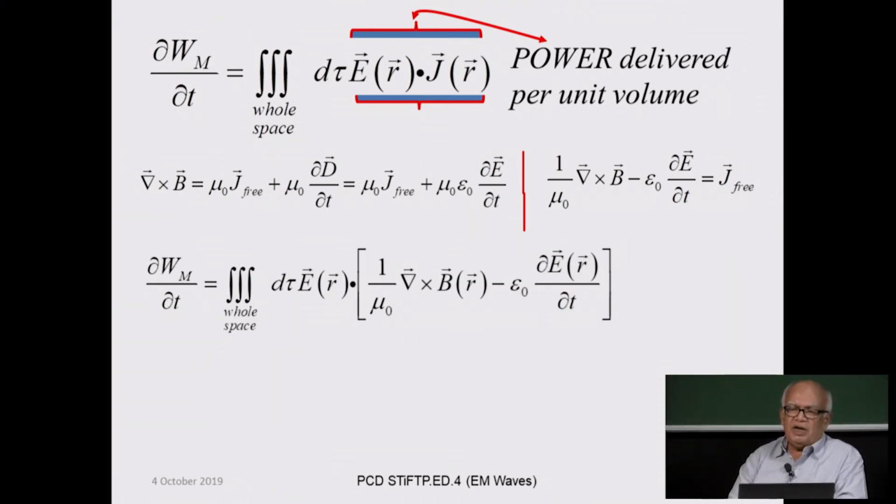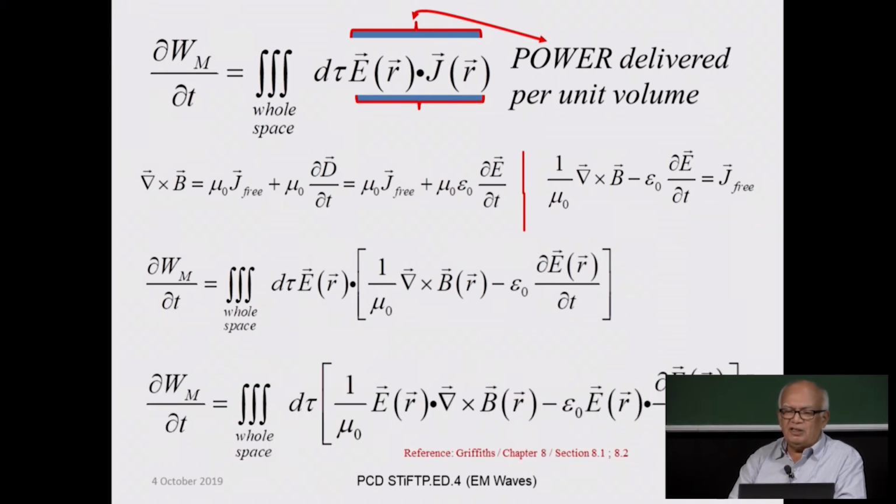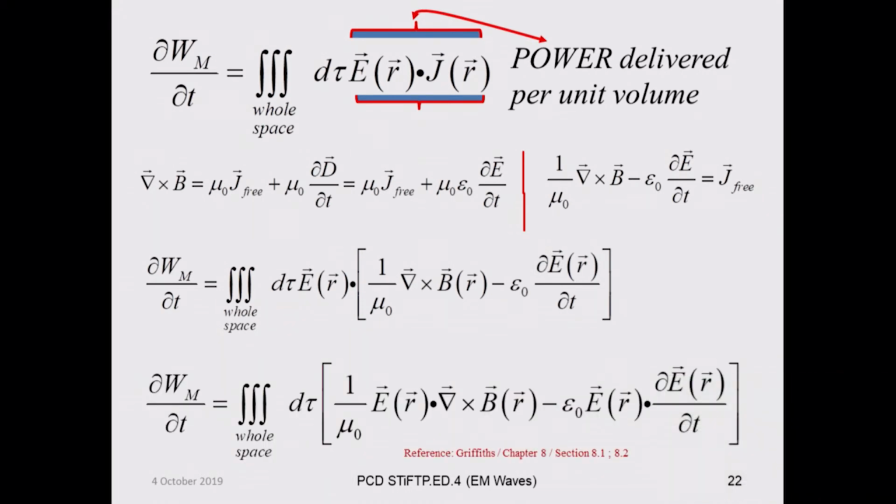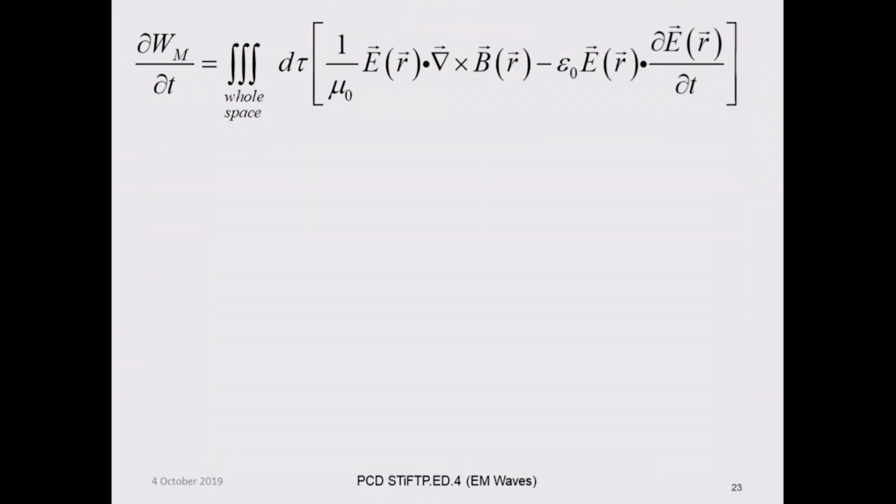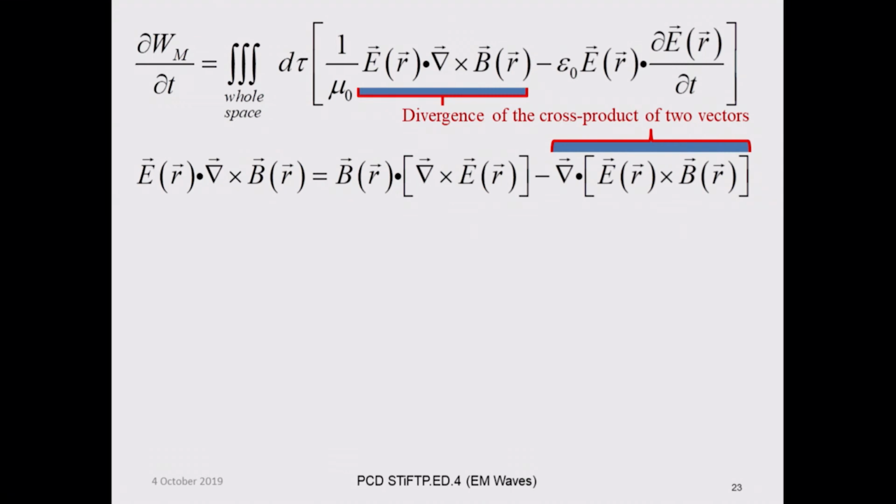to write J as del cross B minus del E by del T term, which is the Faraday's correction term, alright, and the two terms we can write as separate integrals. So, let us do it here.